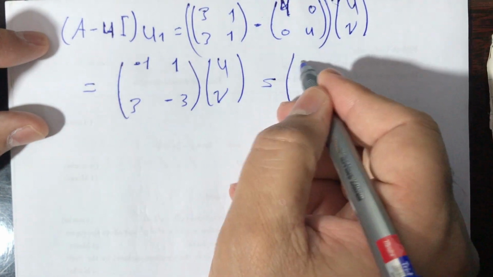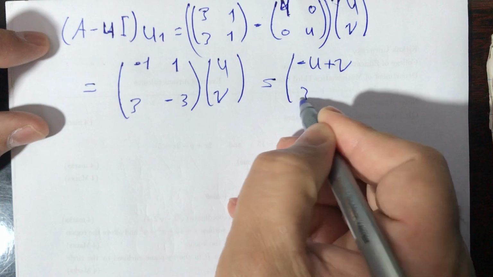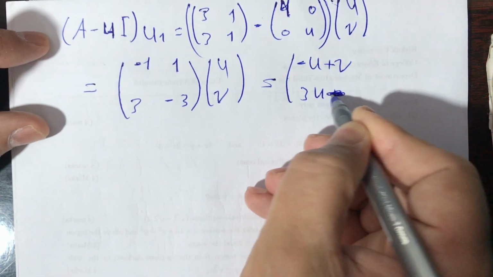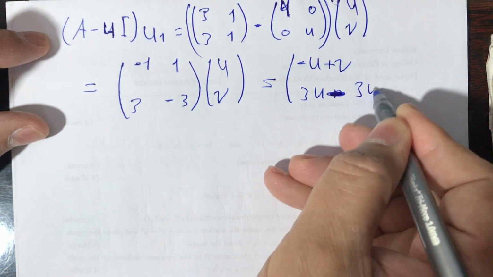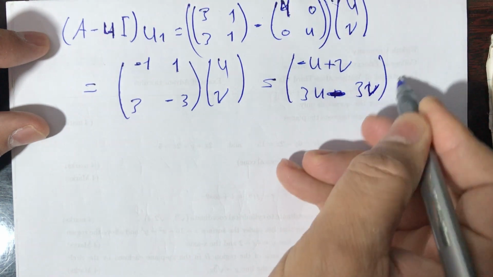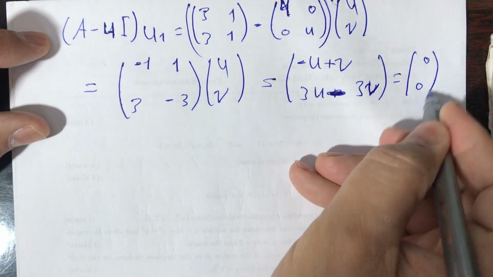This will be equal to minus u plus v, 3u minus 3v, equal to 0, 0.